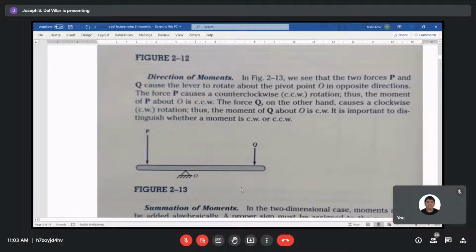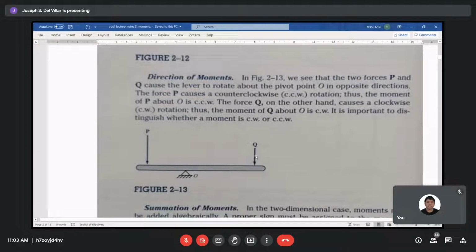Okay, so take note that the pivot is at the middle such that one of the forces, say Q, produces a clockwise moment. Okay, clockwise yung effect ni Q. Whereas yung P produces a counterclockwise moment. Because kapag in-apply mo yung P, it will cause the lever to rotate in a counterclockwise direction.